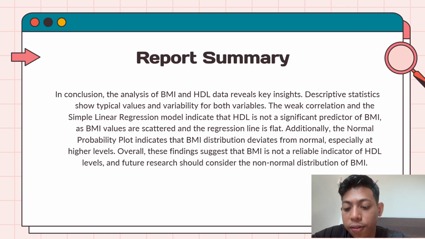So the graph shows a positive relationship between HDL and BMI. BMI is not a reliable indicator of HDL, and future research should consider the normal distribution of BMI within HDL.